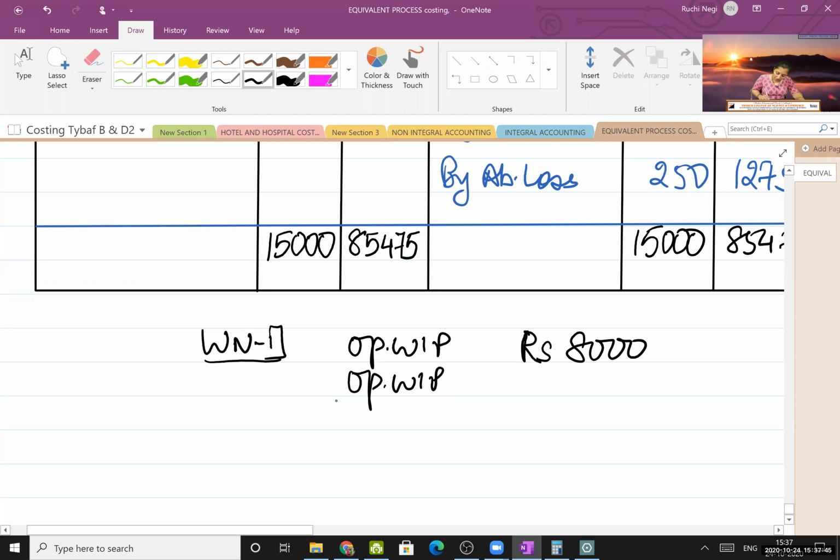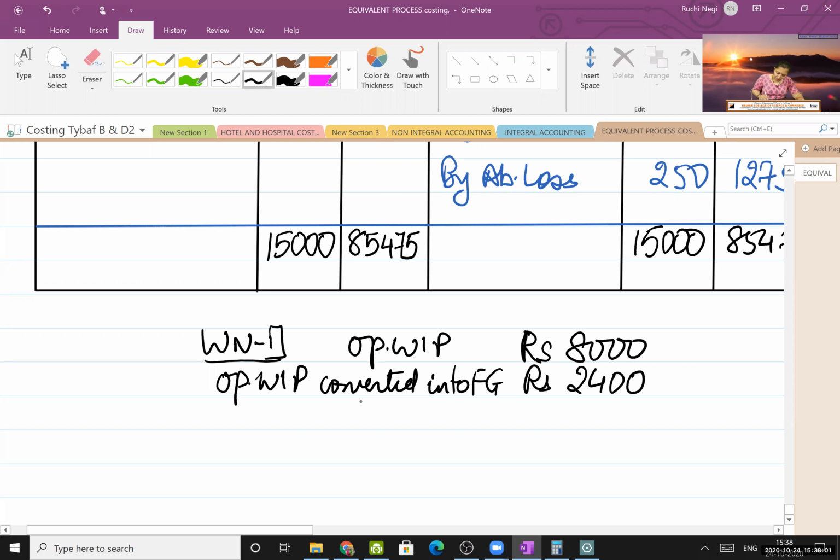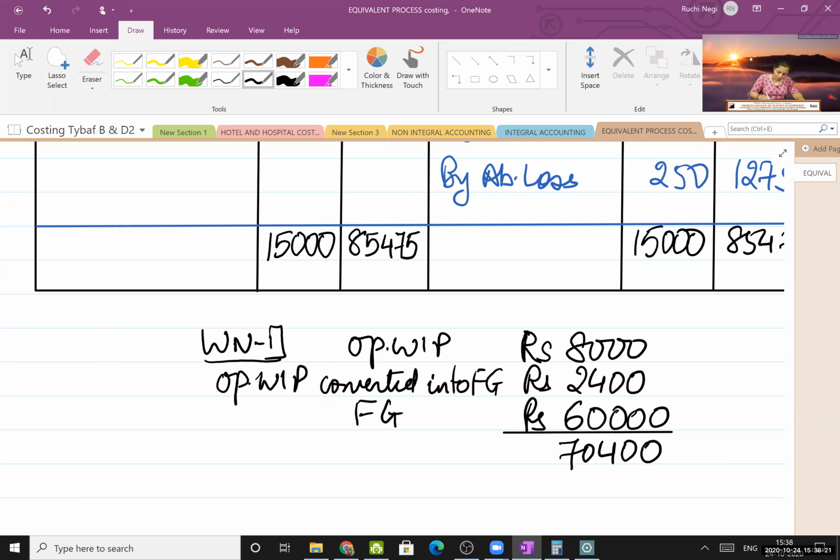Opening WIP converted into finished goods. इसका आंसर कितना है, 2400 and only finished goods. इसका आंसर कितना था, 60,000. So इसको total करो. Okay, so 70,400. This is my answer. 70,400.